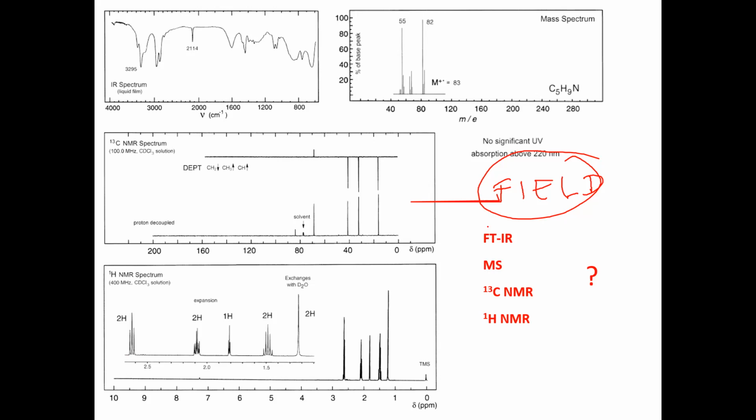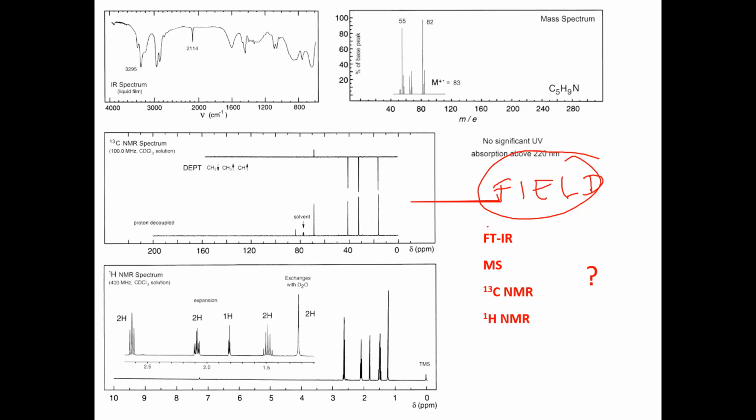This one is quaternary because it disappears from the DEPT. So this is what we know. So we need to place 3 CH2s. We see 3 CH2s here.